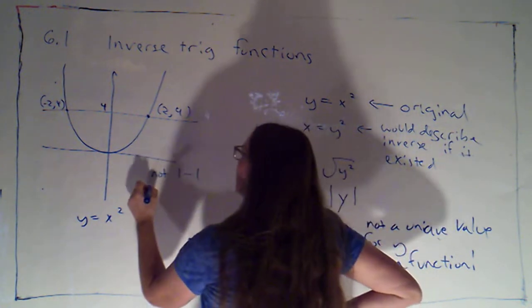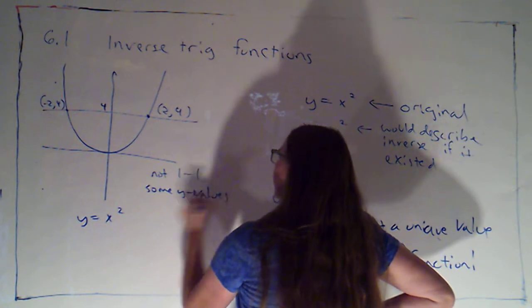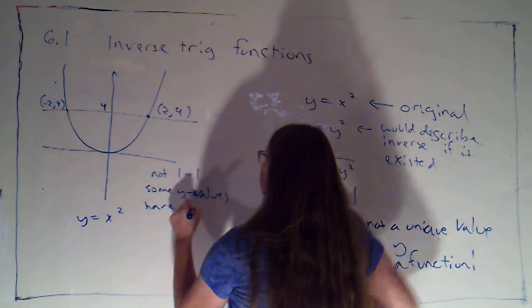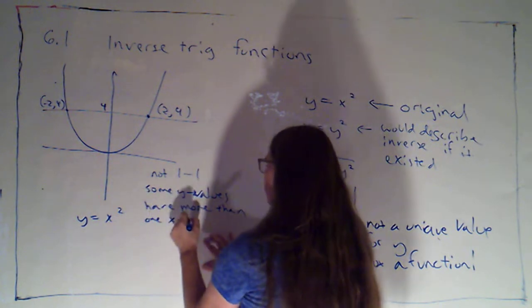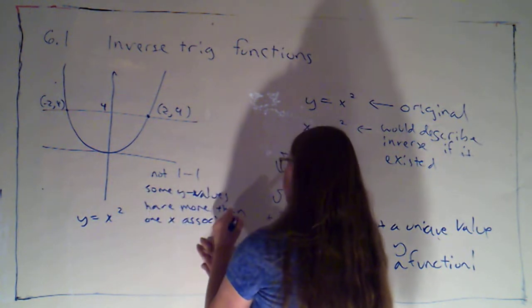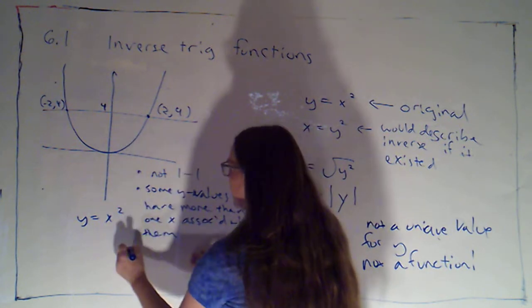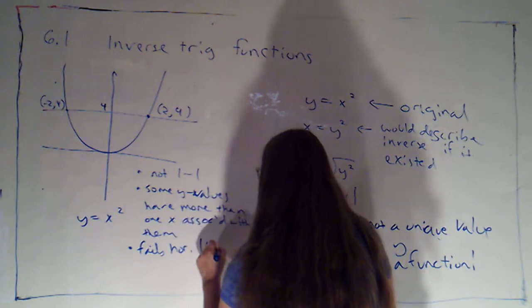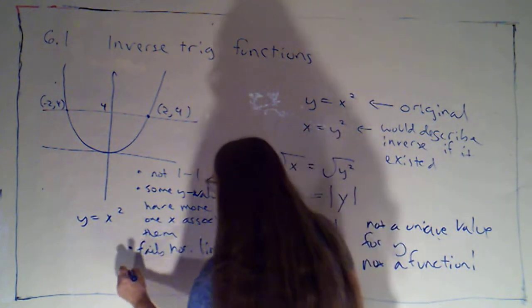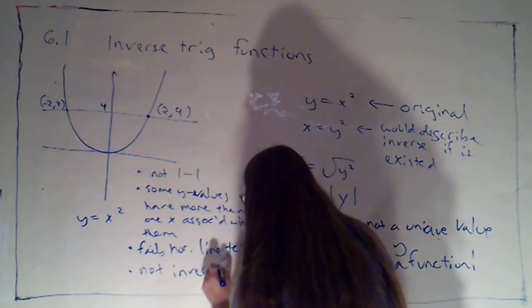Okay. So some y values have more than one x associated with them. We could also say it fails the horizontal line test, and therefore we can say it is not invertible.